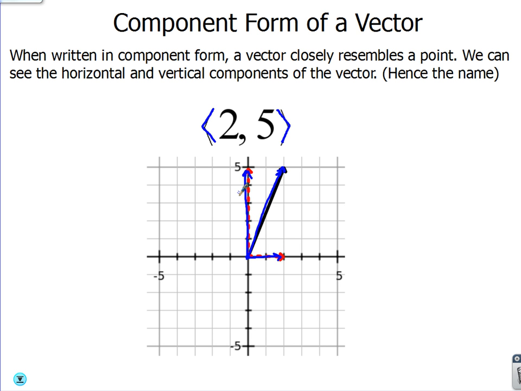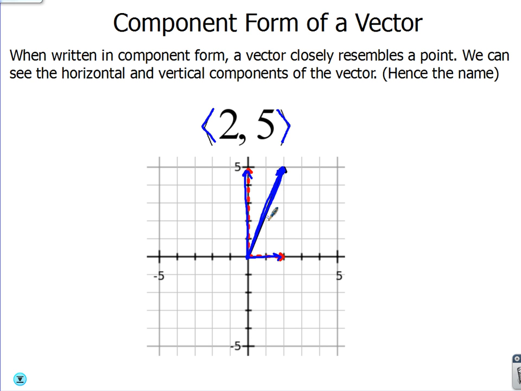So when you have a vector, or you can think of it like this. Let's say that you're pulling something. You're exerting your strength in this direction. You're pulling something this way, and that's what a vector is. A vector is going to represent some sort of force, whether it be the wind, driving a car, pulling something, or pushing something.